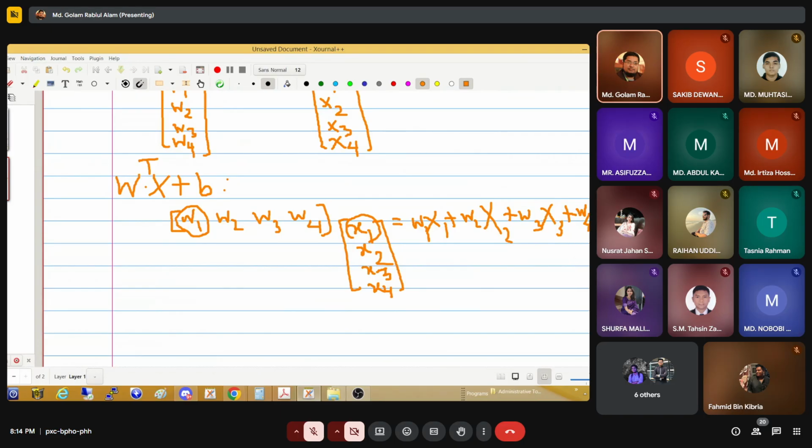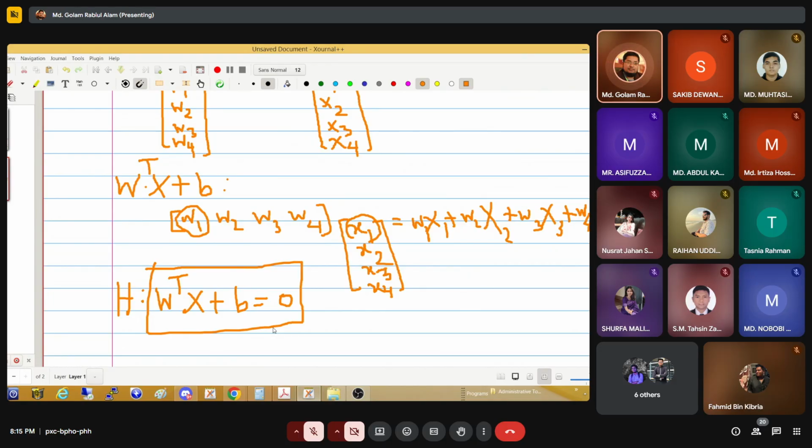So the hyperplane equation we can write as W transpose X plus b equals 0.